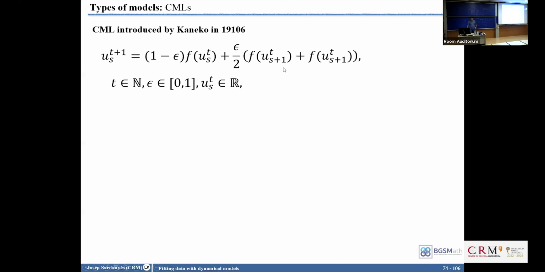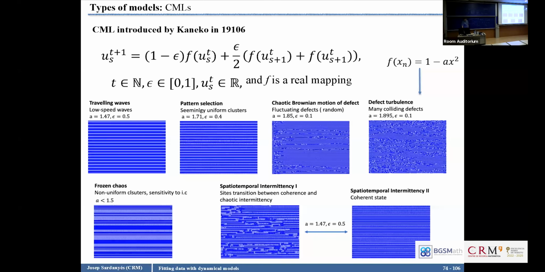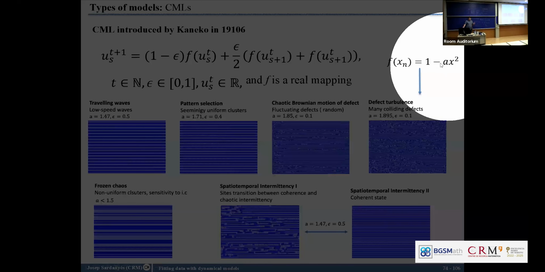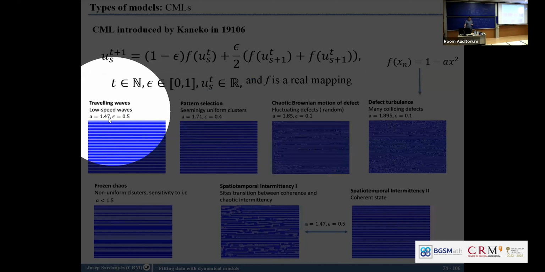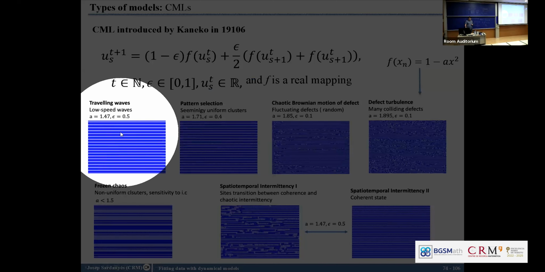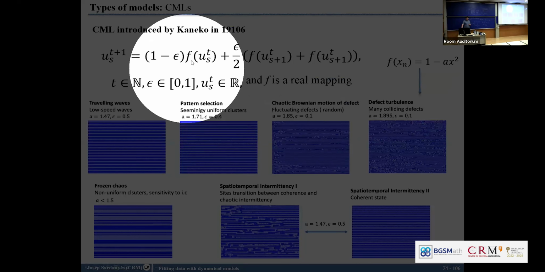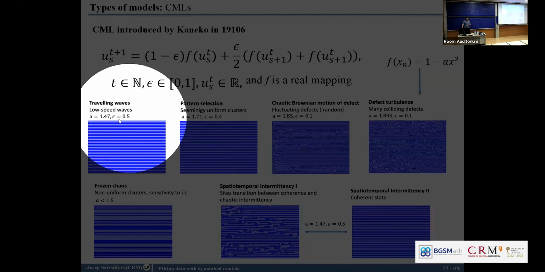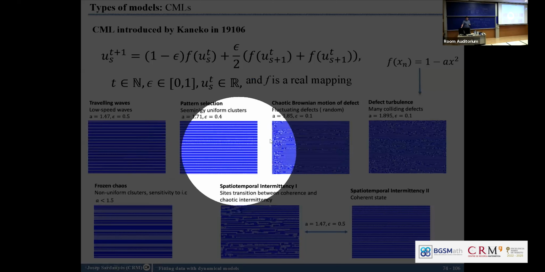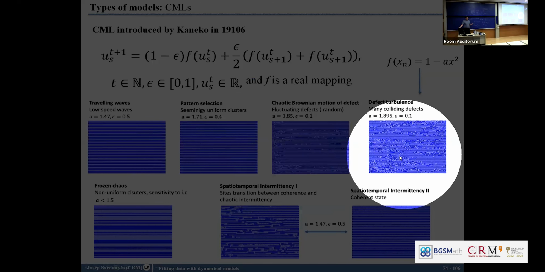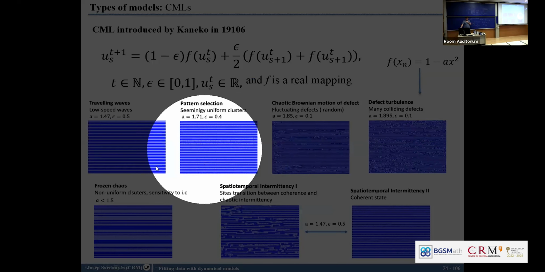Okay. And from the simple model, when we use a normal form or a similar function to the logistic map, depending on the value of a and depending on the coupling epsilon, here you have the numbers, we can obtain different patterns, like in the cellular automata, but here the variable is continuous.